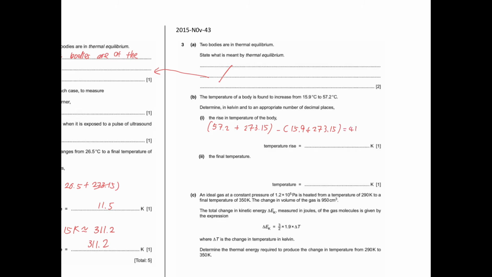So we get 41.3 Kelvin. Final temperature: 57.2 plus 273.15, so we get 330.35. Since the question gives one decimal, here we round off to one decimal.